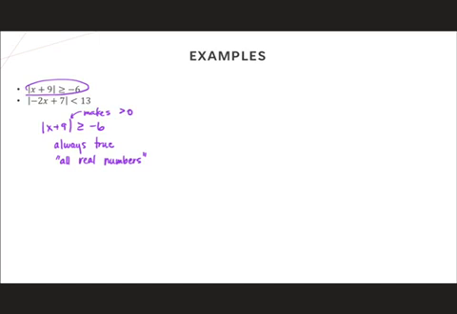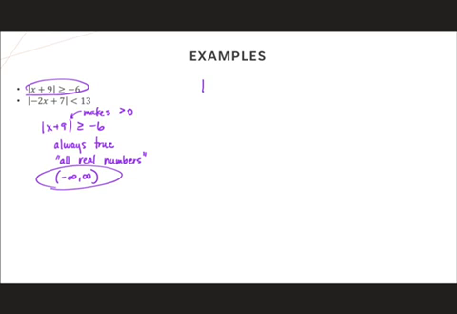The problem is that's a lot of writing for mathematicians, so in interval notation, instead of saying all real numbers, we say you can use anything from negative infinity to positive infinity. That's the interval notation version of this being always true, or you can use any real number: negative infinity to positive infinity.